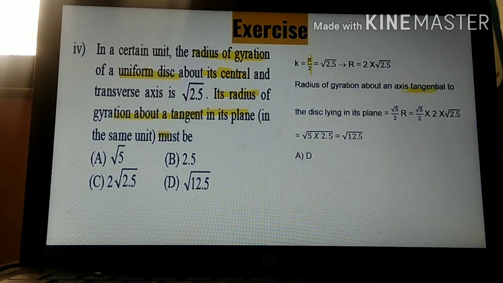Radius of gyration about tangent of a disk lying in a plane is given by this formula, that is root 5 upon 2 r. Over here r's value we can substitute, that is 2 into root 2.5. So this 2 will get cancelled. Ultimately we will be left with root 5 into root 2.5. If we substitute both of them, we will be getting the value as root 12.5. So D is the correct answer.